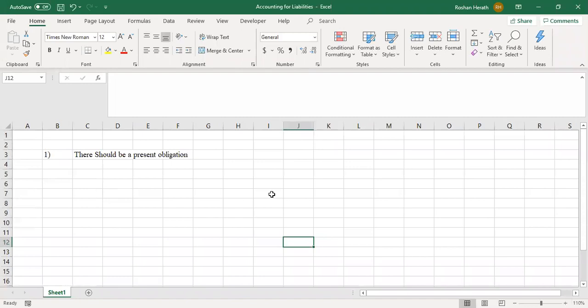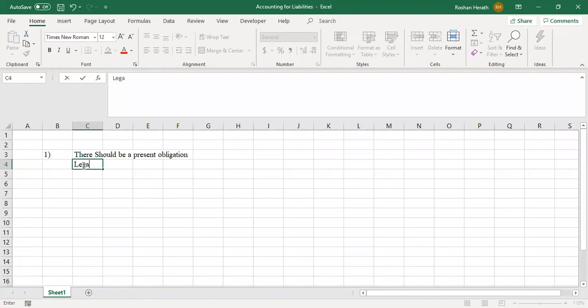There should be a present obligation. So in this question, if you see, do they have a present obligation? The question has not given the context sufficiently, but you know the present obligation can exist due to two main reasons, right? The first reason is that it can be an obligation that stems from a legal source.